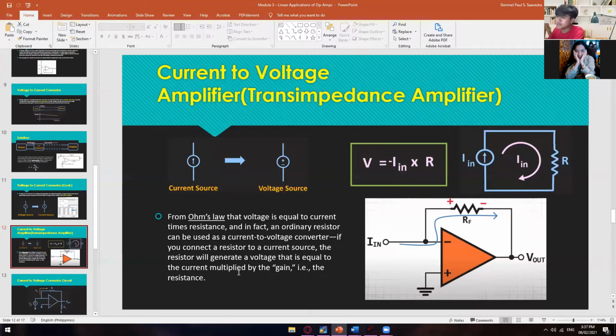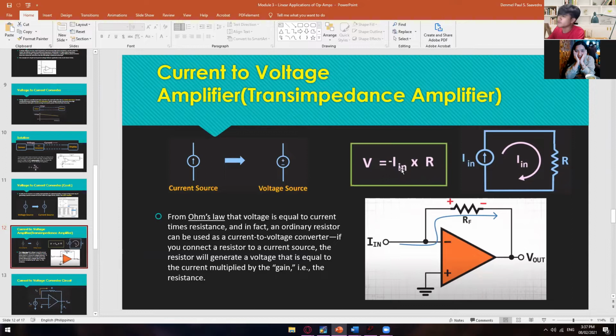But since we are under the op amps, in here we will apply a current to voltage amplifier with the use of an op amp. Using this circuit like a voltage follower, but instead of having an infinite resistance here, we do have a value of RF, the feedback resistance. And then how do we solve for the voltage output?